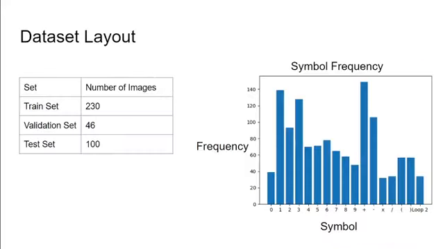Our data set is laid out, with most of the images being in the training set. We also have a validation set to ensure the model's accuracy, and lastly, a test set, which we will show evaluations of. As far as frequency of each symbol within our dataset, we see that each symbol is represented, though there are some biases towards plus, minus, and 1 and 3.